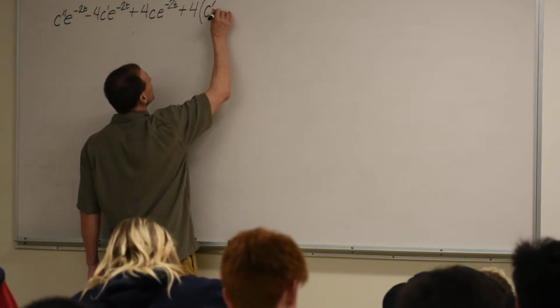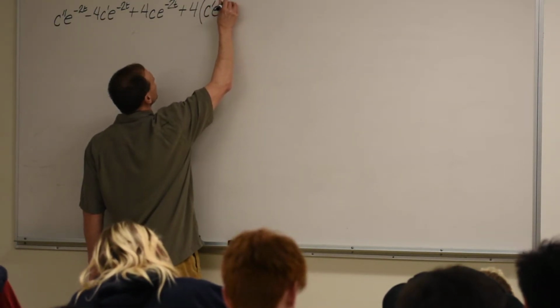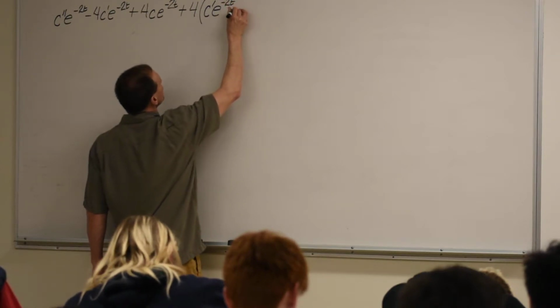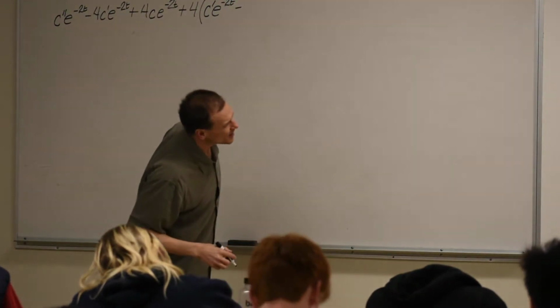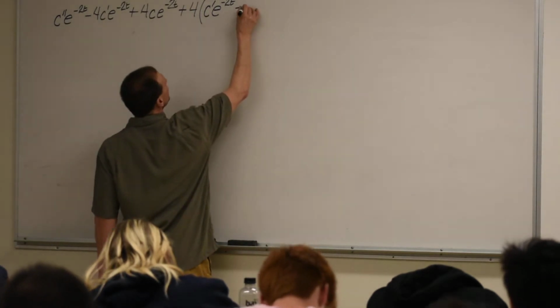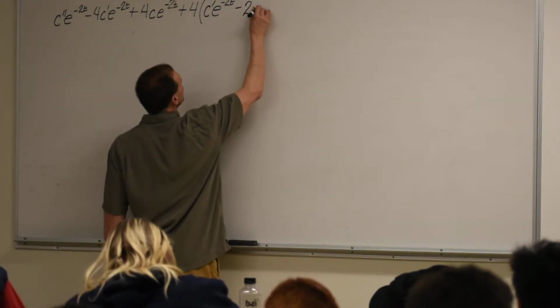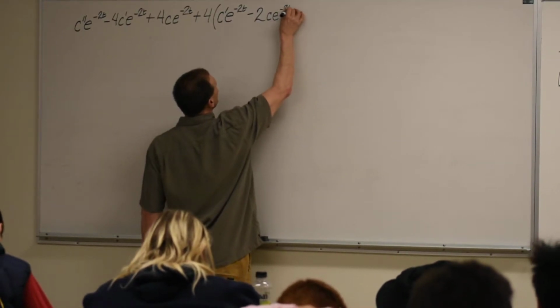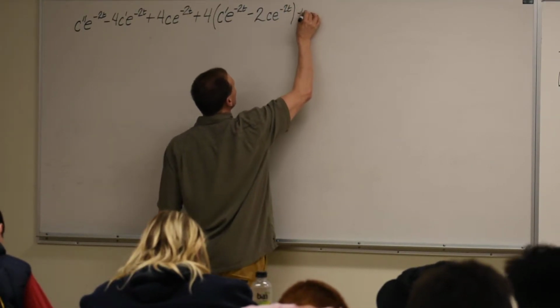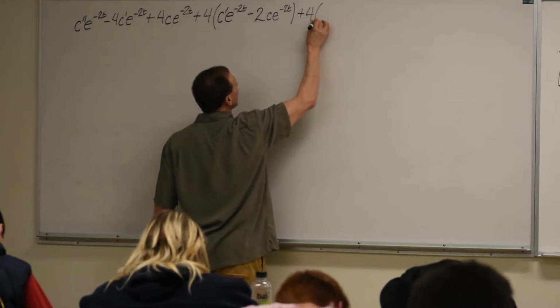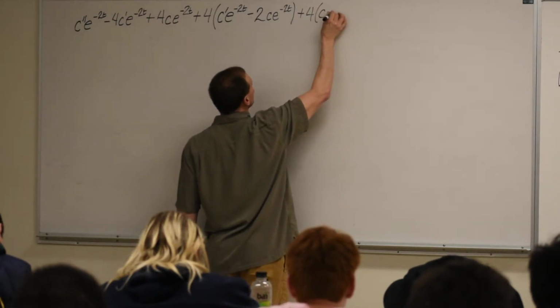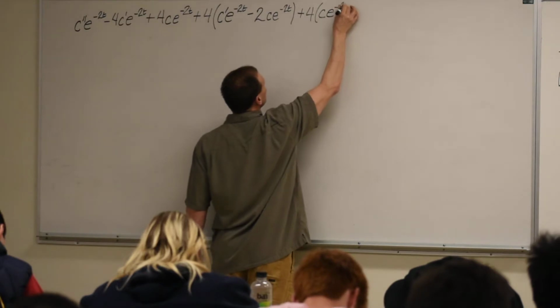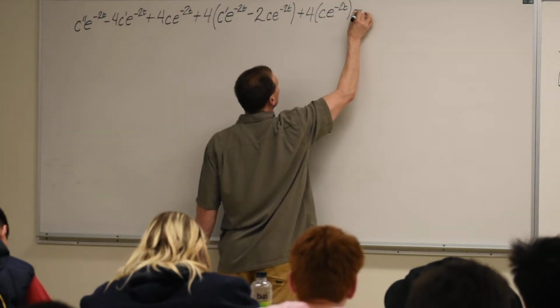C prime e to the minus 2t minus 2 C e to the minus 2t, plus 4 times C e to the minus 2t equals 0.